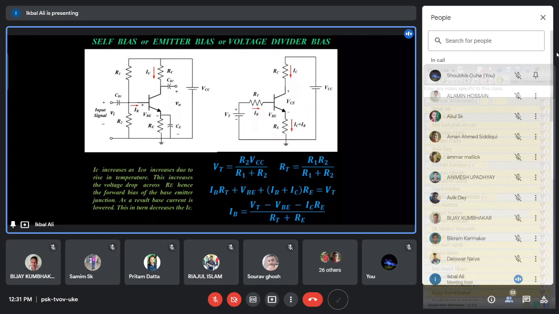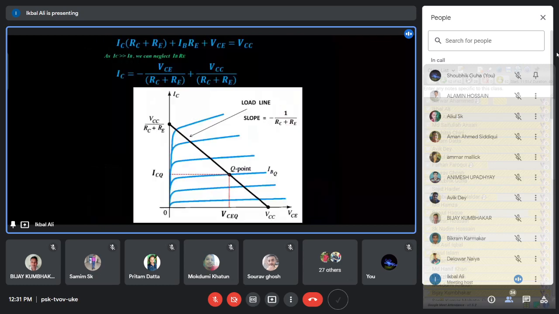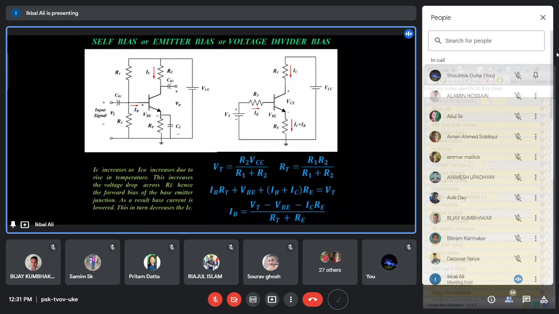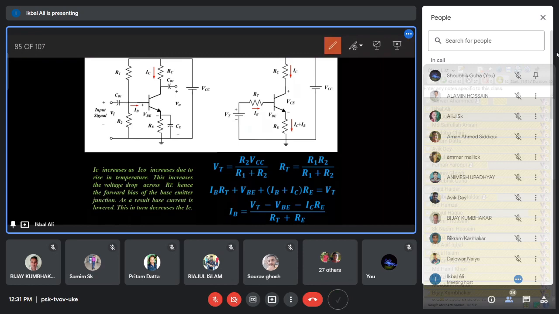Next, this is the IB current we have calculated. Next, we will calculate the output side current, that is, the collector side. That means we will now deal with the output side loop. We have found an equation for IB, that is, the base current. That equation gives the magnitude of the current flowing inside the base of the transistor.